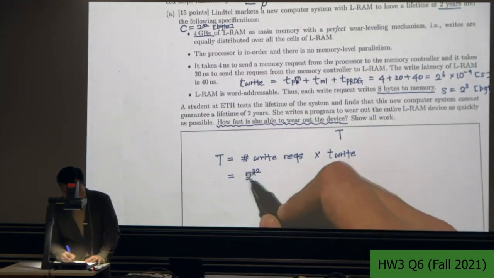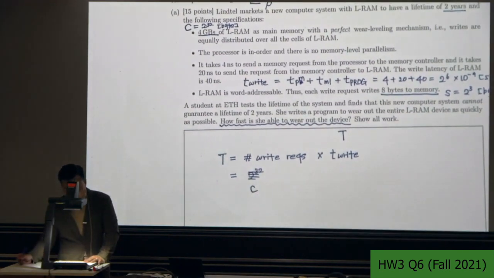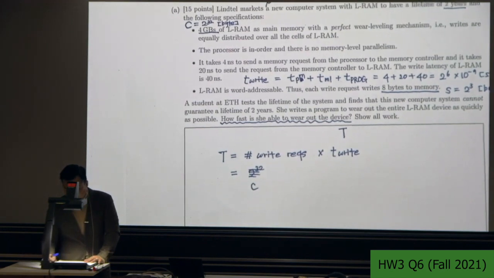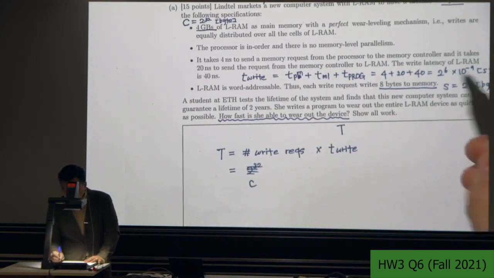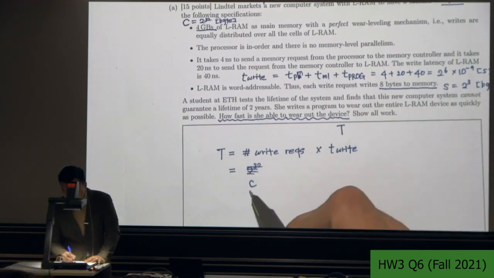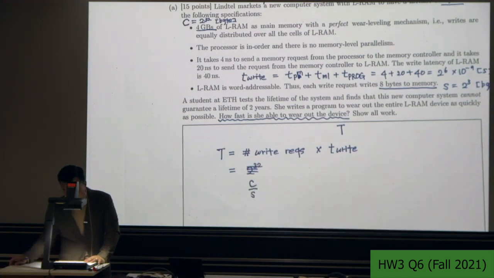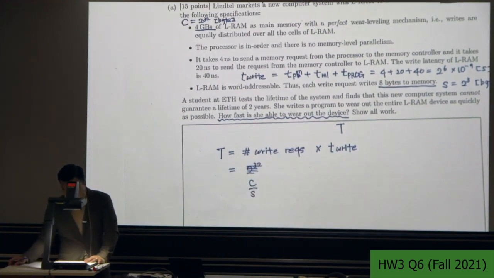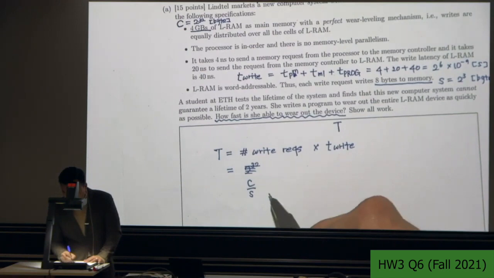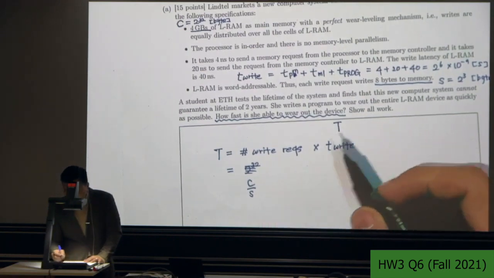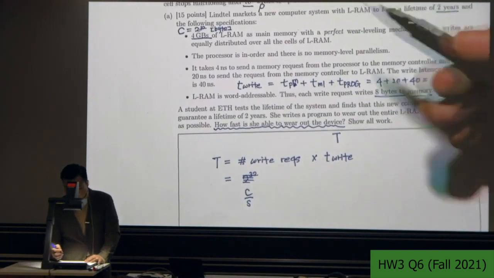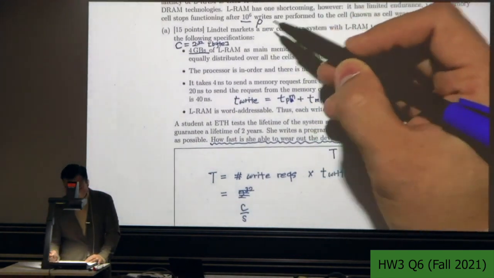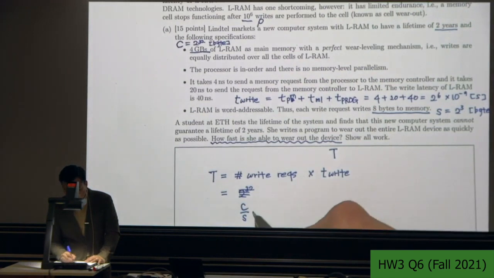So let's first use the terminology C, and we can write as large as the size S. So the total number of write requests should be C over S. And we repeat this write request for the limited program cycle of a cell, right?